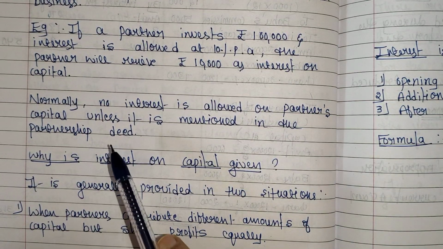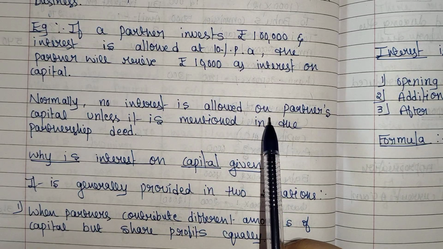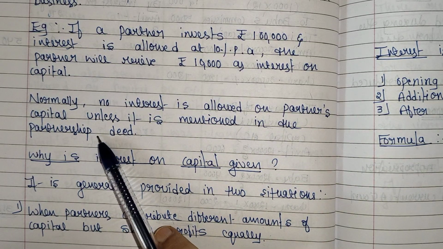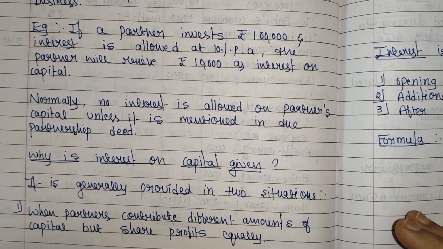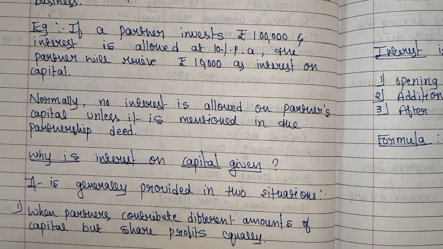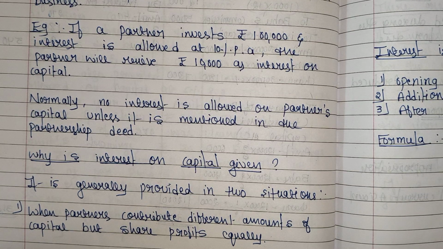And see here, normally no interest is allowed on partners' capital unless it is mentioned in the partnership deed. But if it is mentioned in the partnership deed, we need to allow interest on the partners' capital.